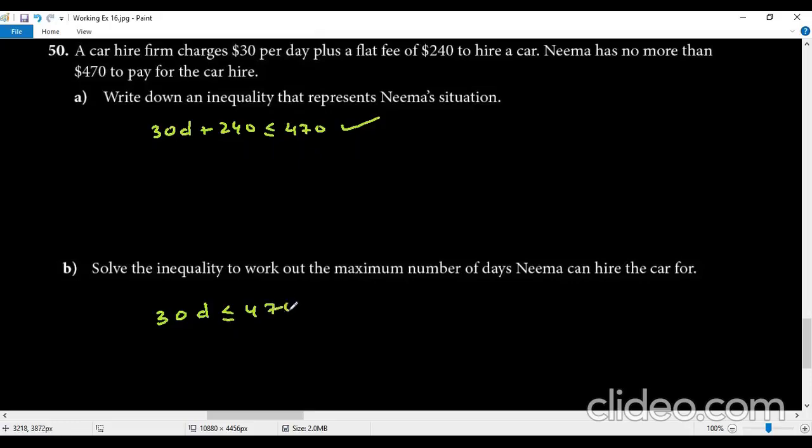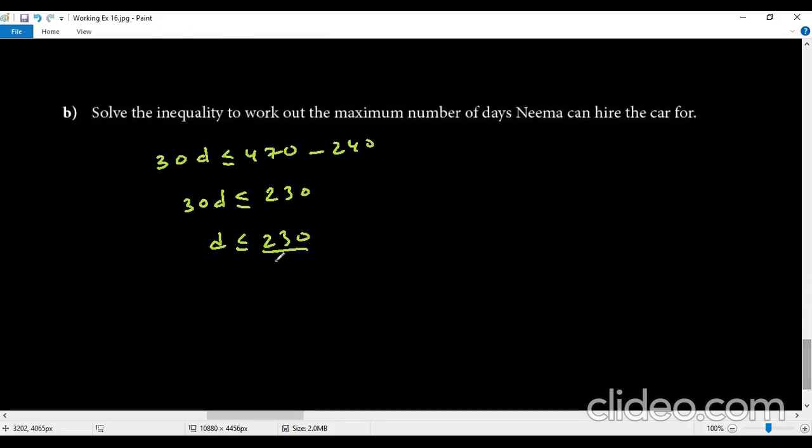Once we solve this inequality, it's going to be 30 times the number of days less than or equal to 470 minus 240. 470 minus 240 is going to give us 230. So 30 times the number of days is less than or equal to 230, and when it's divided by 30, it's going to give us 7.6.